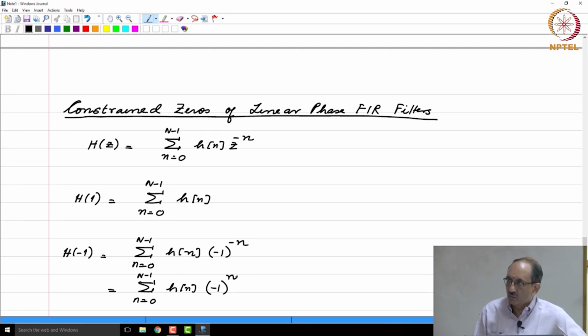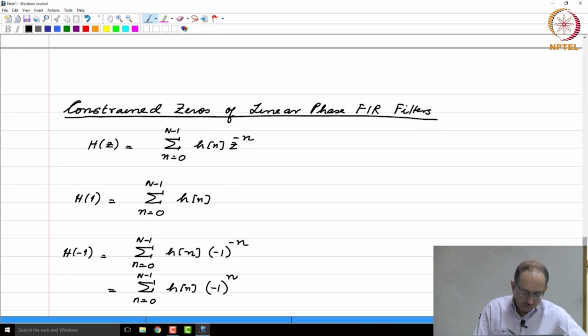So, we are going to examine the z transform of the linear phase FIR filter and look at the z transform at z equal to 1 and z equal to minus 1.